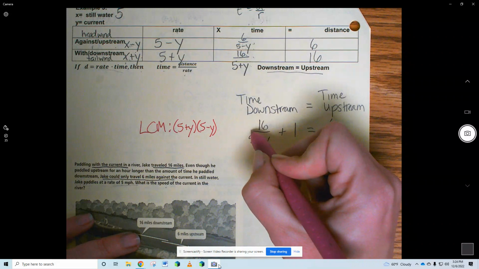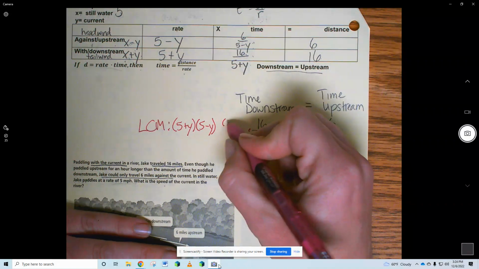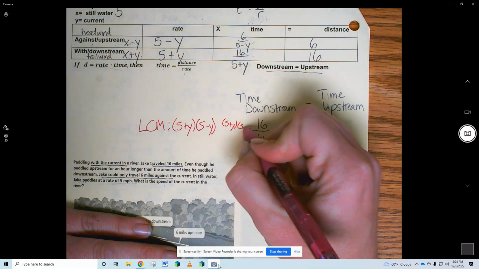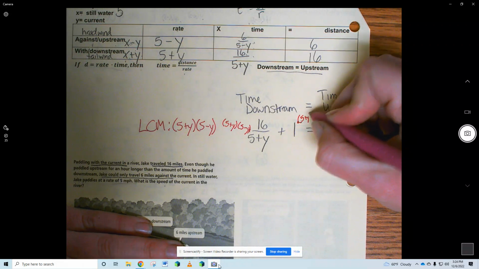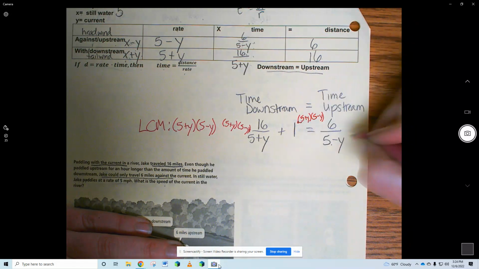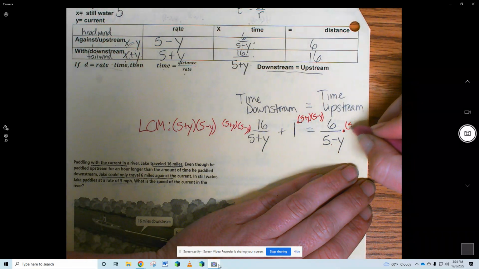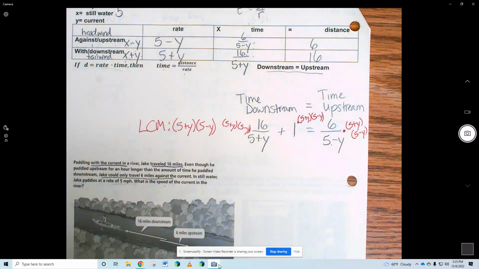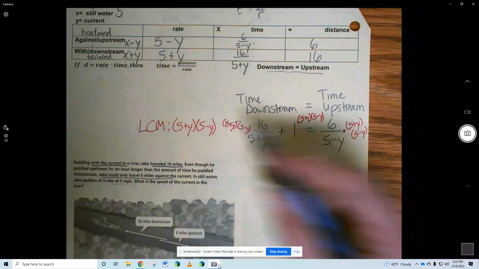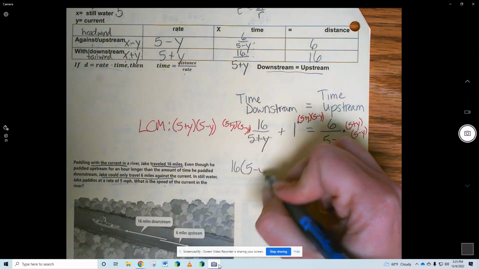I'm going to multiply every term by it. 1 times 5 plus y, 5 minus y. This side, the 6 over 5 minus y. I'm going to cancel out the 5 plus y's, which gets me 16, 5 minus y.